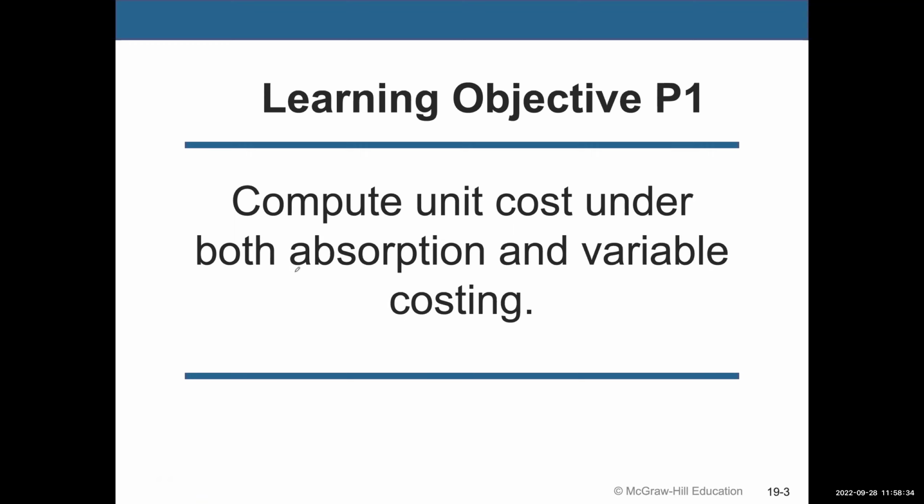Okay. I like to think of absorption costing as the idea of a sponge. Okay. Under absorption costing, your product absorbs all manufacturing costs. In other words, if there is a cost that happens in the manufacturing facility or the manufacturing floor, whatever you want to call it, under absorption costing, it will be a product cost.